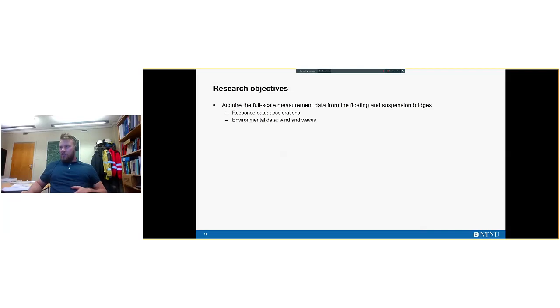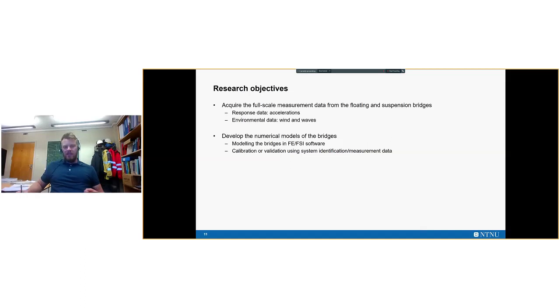So our research objectives in the force identification can be summarized into 4 points. The first objective is to acquire the full-scale measurement data from the floating and suspension bridges in Norway. And this consists both of accelerations as well as data on the wind and wave environment. Another goal is to develop the numerical models of the bridges.